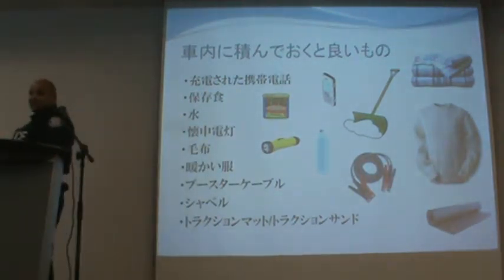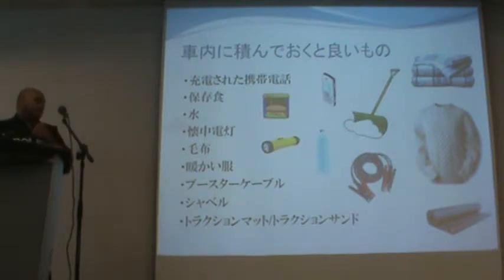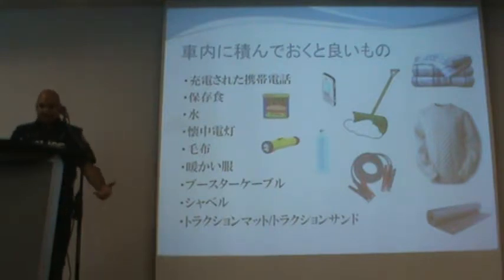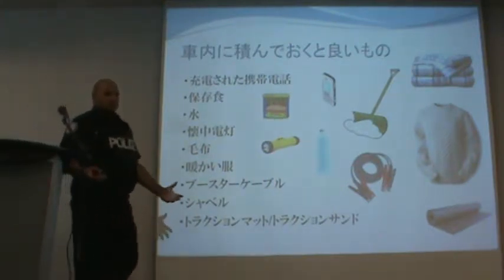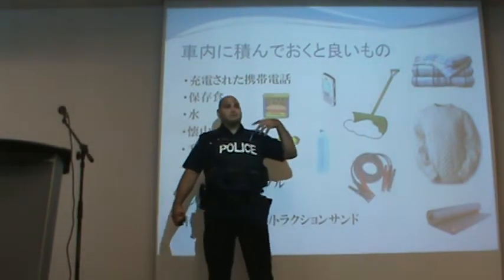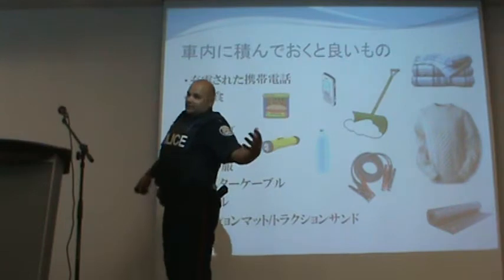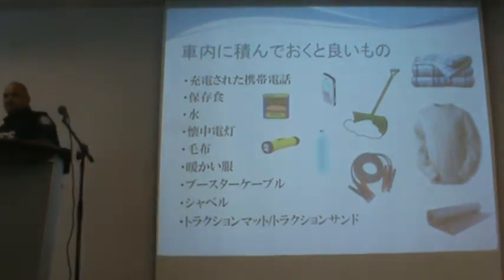Jumper cables are good if you ever left your lights on at the mall when leaving. A shovel, if you get stuck. Because being in Toronto, help is just around the corner. This is a good example for people traveling long distances, on highways where your closest exit might be 20 kilometers away. So that's a good kit to have if you are driving long distances.